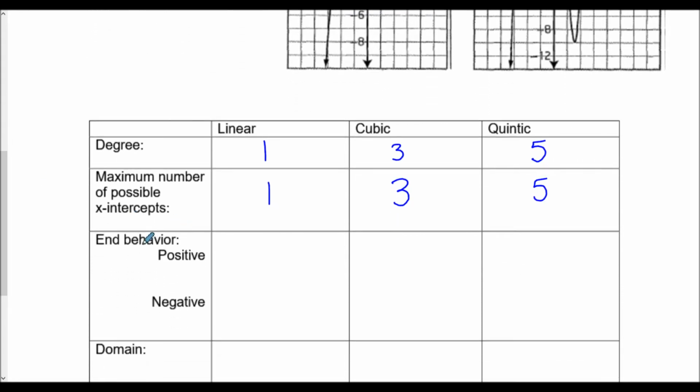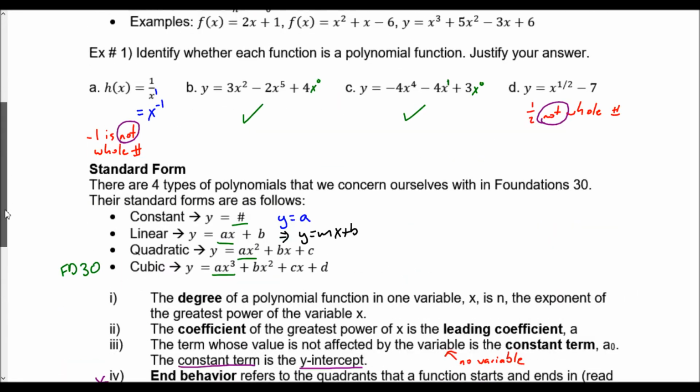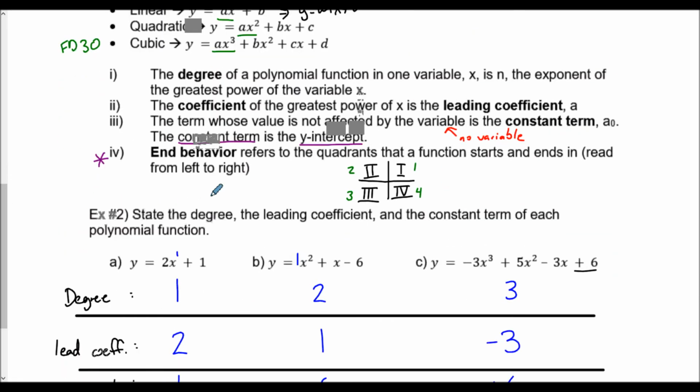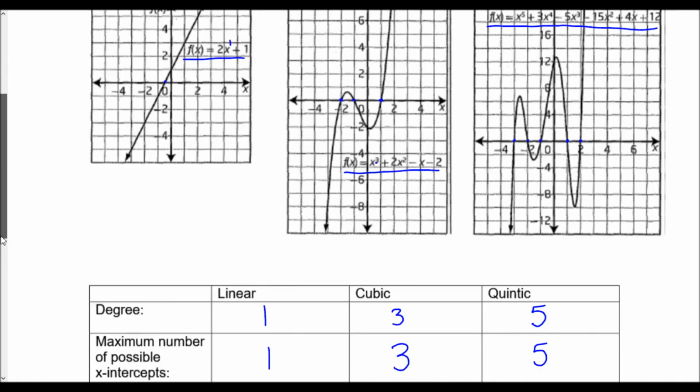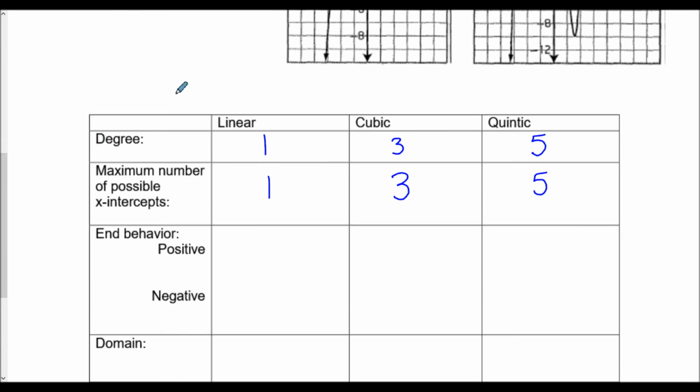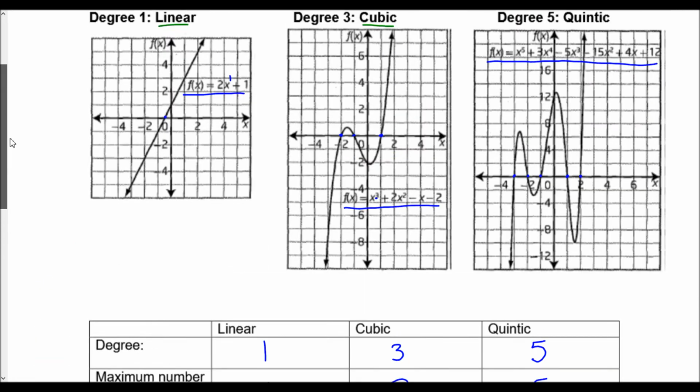Now, end behavior. I'd mentioned end behavior being one of our definitions on this page, so we'll bring it back. End behavior refers to the quadrants that a function starts and ends in. It is read from left to right. So if we talk about our end behavior, again, quadrants 1, 2, 3, and 4.